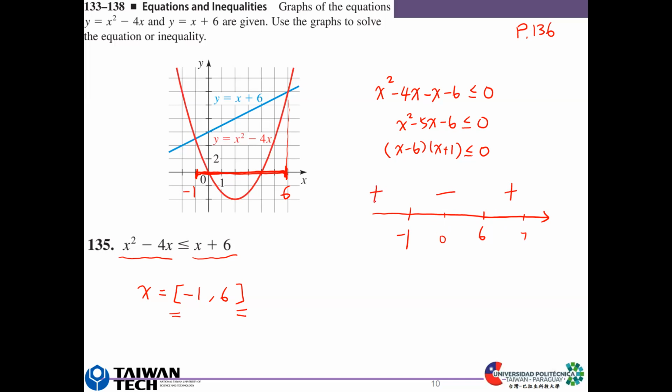So we can solve this inequality, which is smaller than or equal to 0. So it's between -1 and 6, and -1 and 6 are included. So this is how we solve these inequalities.